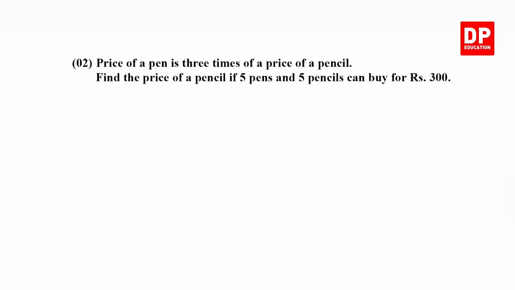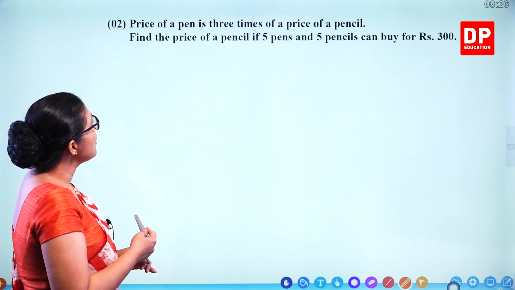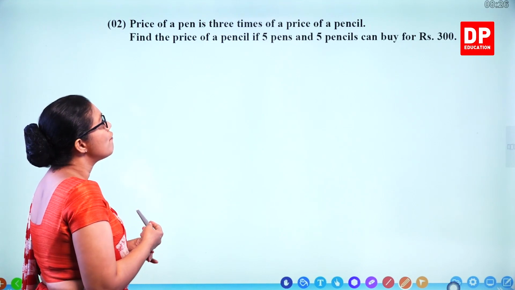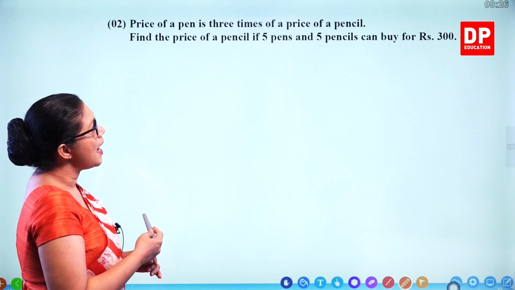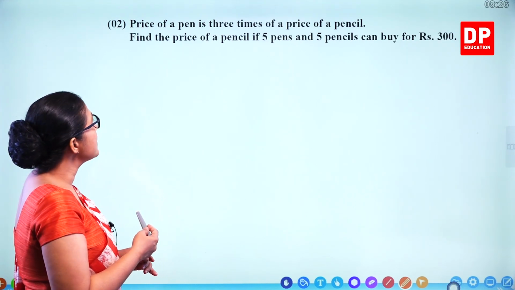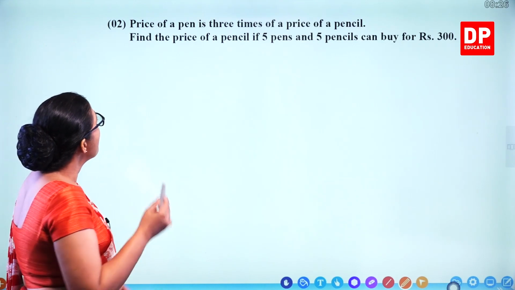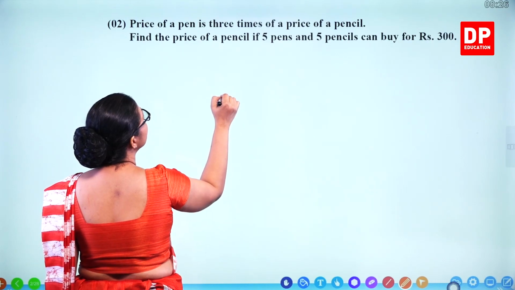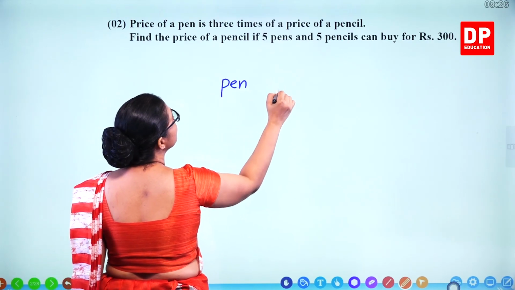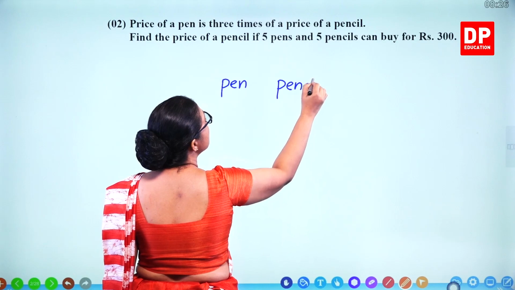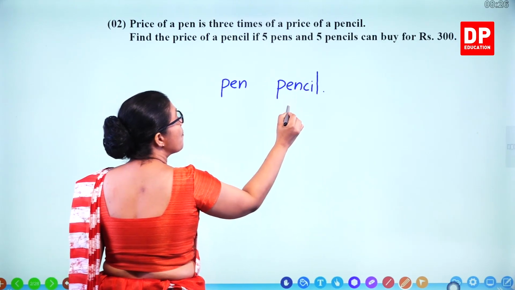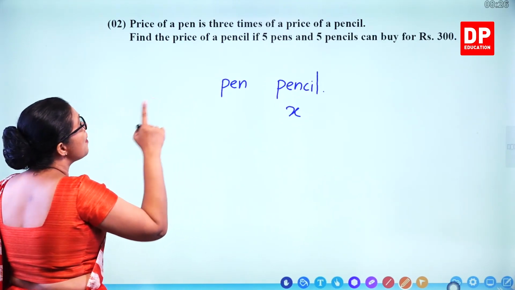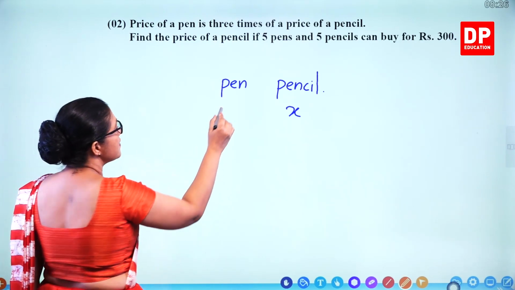Question number 2. Price of a pen is 3 times the price of a pencil. Find the price of a pencil if 5 pens and 5 pencils can be bought for 300 rupees. So if the price of a pencil is x, the pen is 3 times the pencil, so 3x.